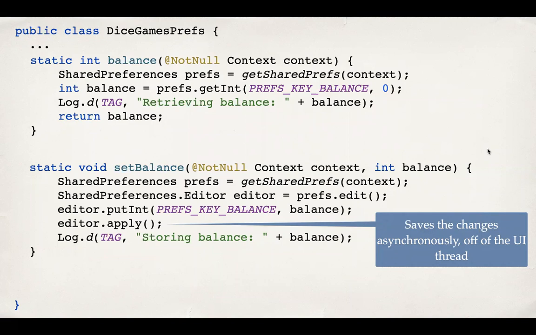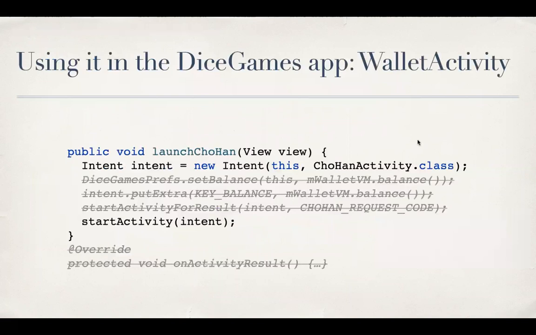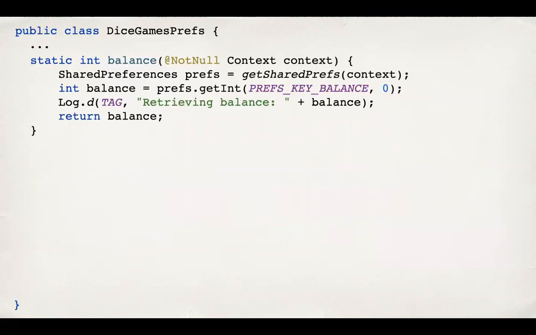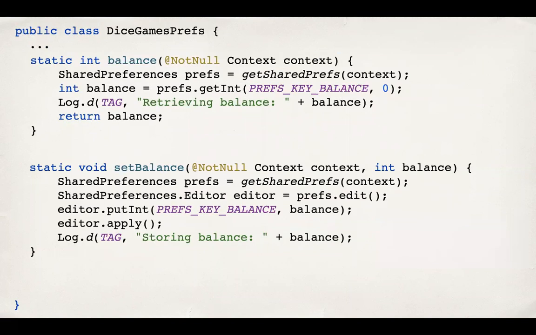So we want to push it off asynchronously without affecting the main UI. Okay, and then we have the log message. Yeah, that is about creating the game preference shared preference class, which is going to handle the things.